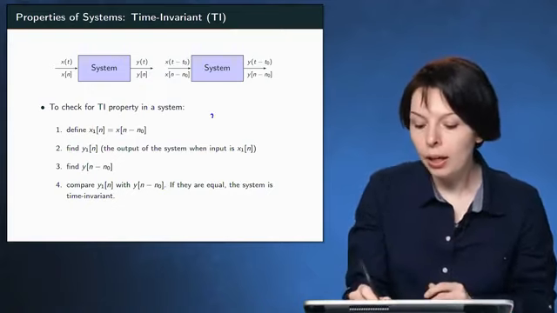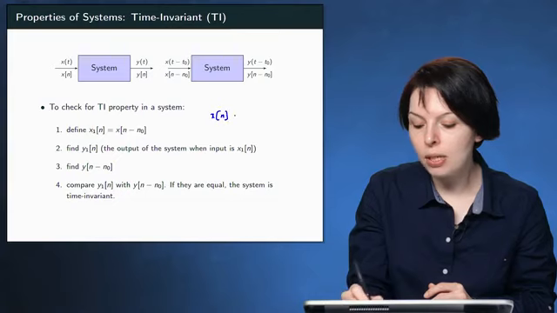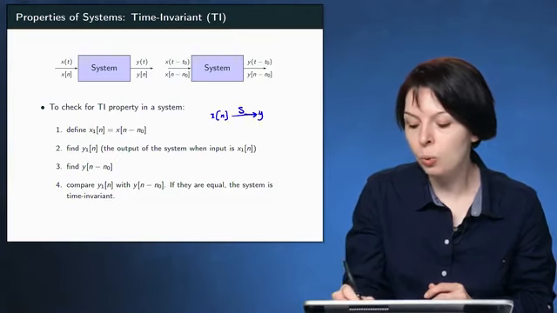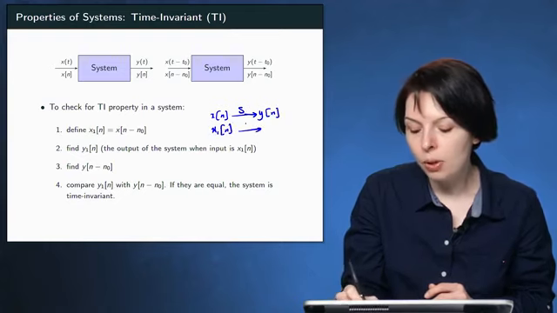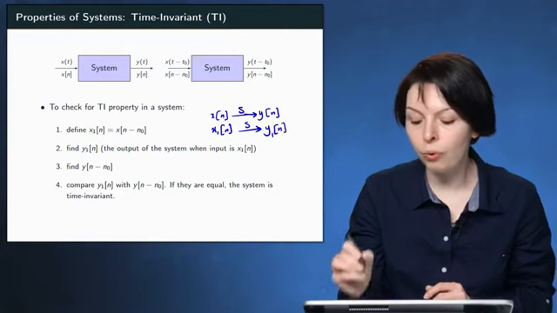So if I know the output of the system to x of n is equal to y of n, I'm going to name the response of the system to x1 of n as y1 of n.